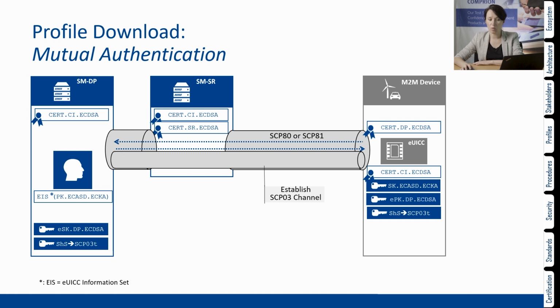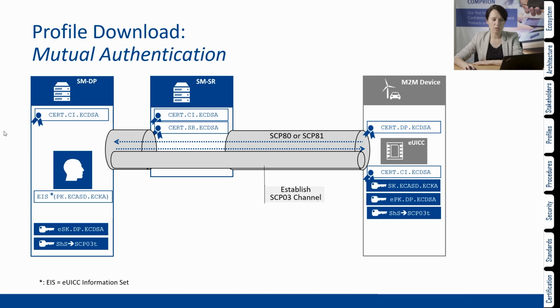And this protocol will be a symmetric one. Currently, we are using asymmetric cryptography to establish the key set. But after this key derivation, you will have symmetric keys, which are using AES, to establish the secure channel.